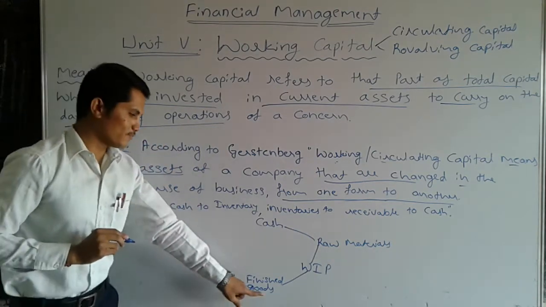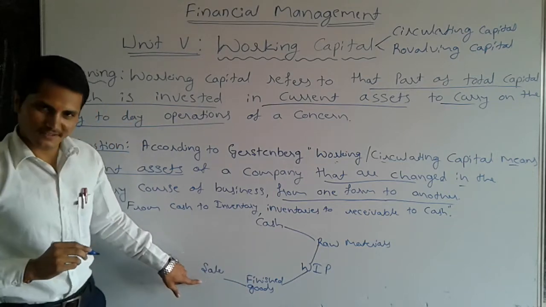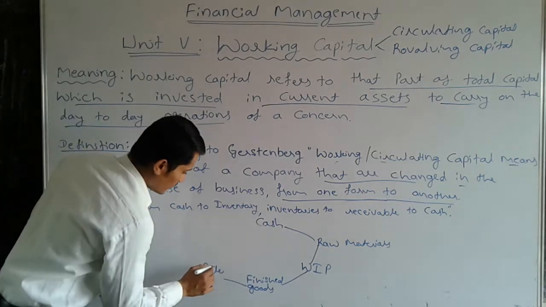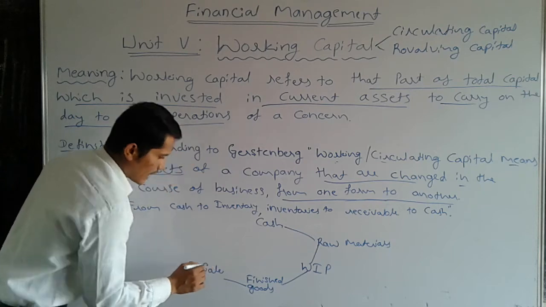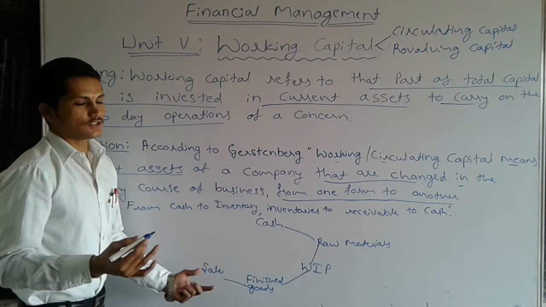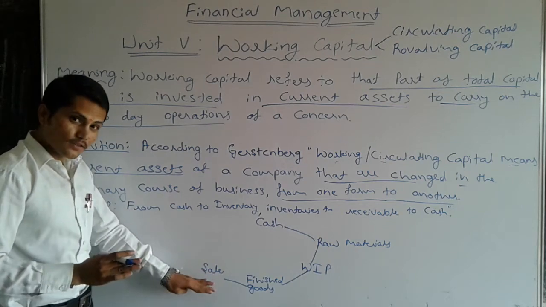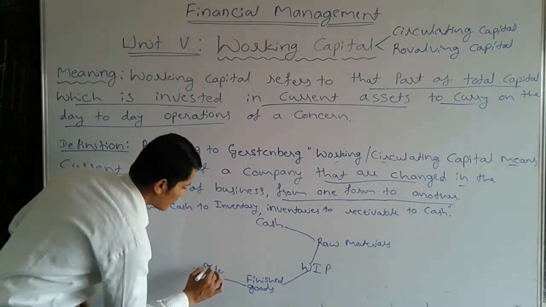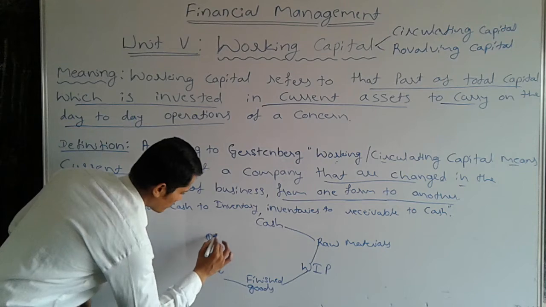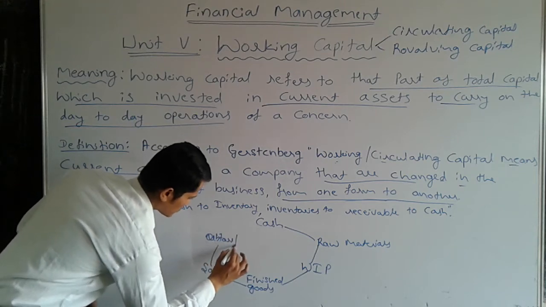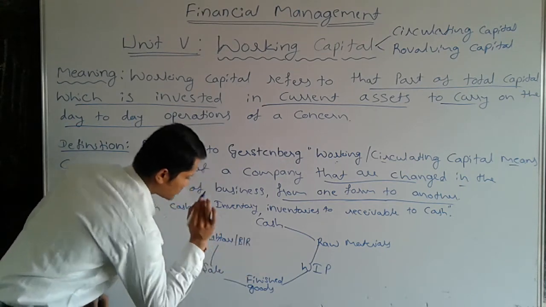Then the finished goods are converted into sales. If we sell directly for cash, we receive cash directly. But if we sell on credit basis, then there are debtors, that is, bills receivable.